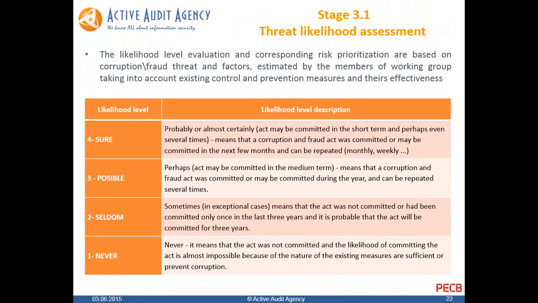The likelihood level evaluation and corresponding risk prioritization are based on corruption and fraud threats and factors estimated by the members of the working group, taking into account existing control or prevention measures and their effectiveness.